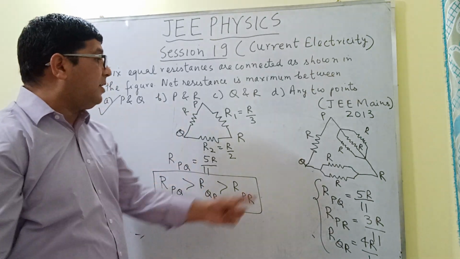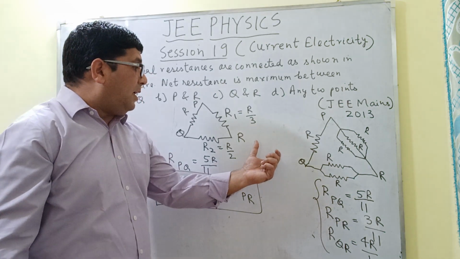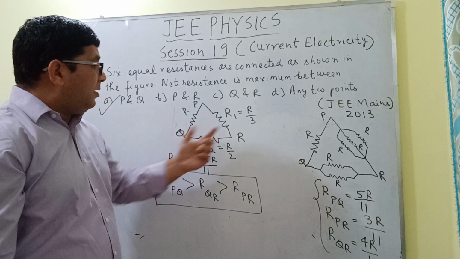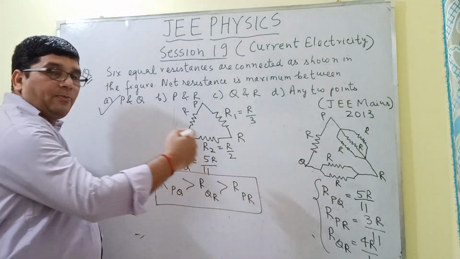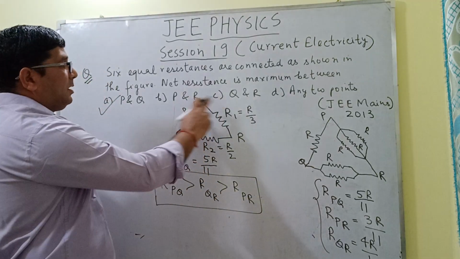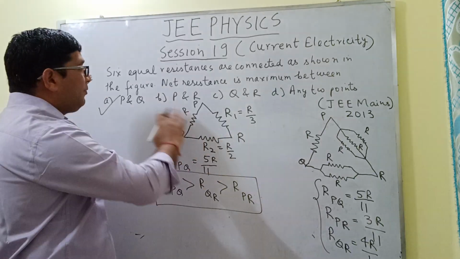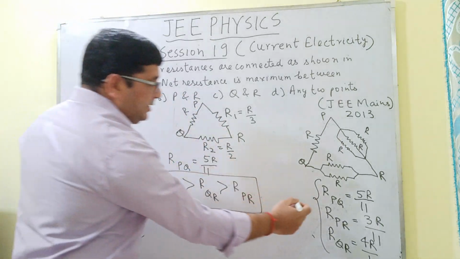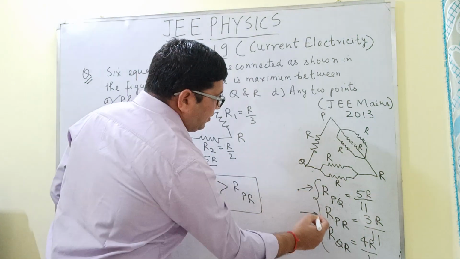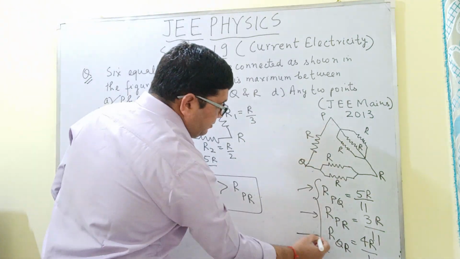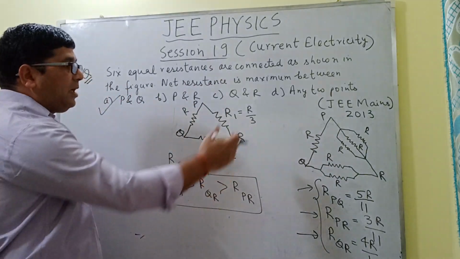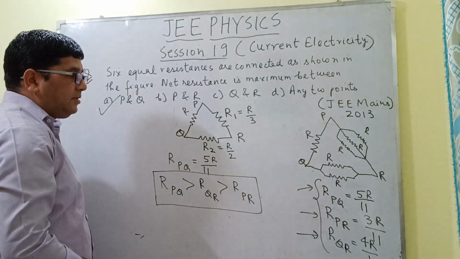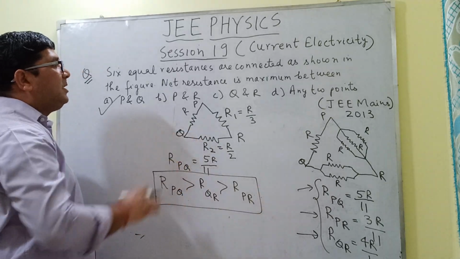The only thing is that you need good computation skills and you have to be very quick in finding the equivalent resistance between the two points. If your computation skills are good, you will be able to solve this question very quickly. That is the only thing I wanted to mention here.